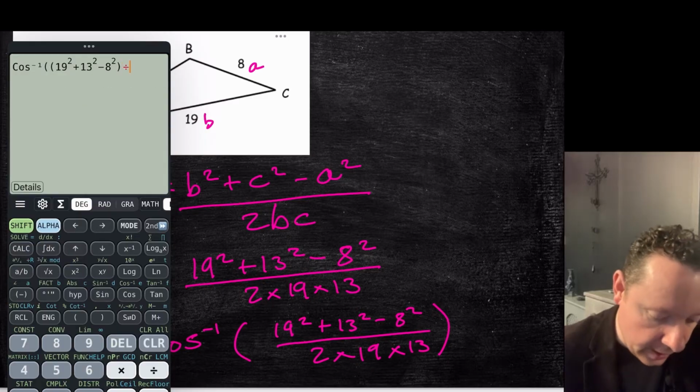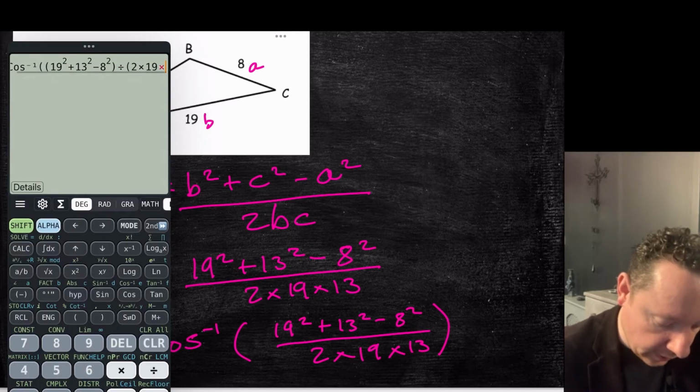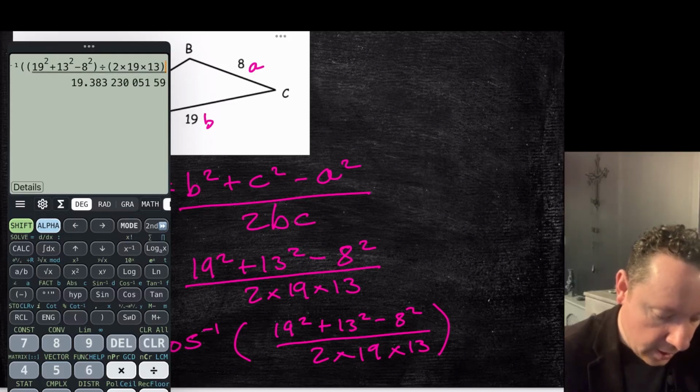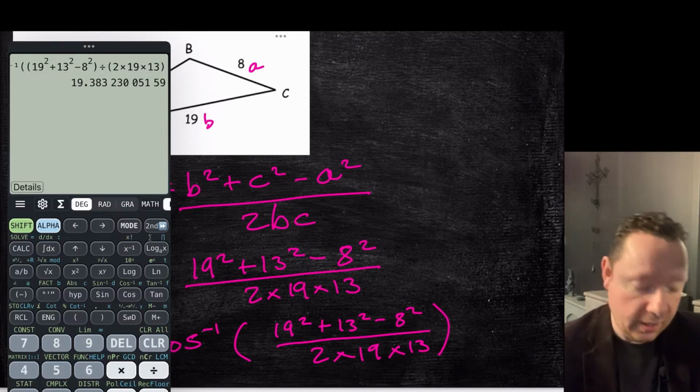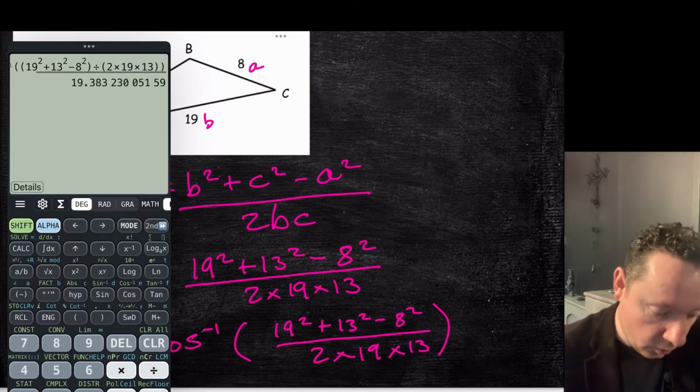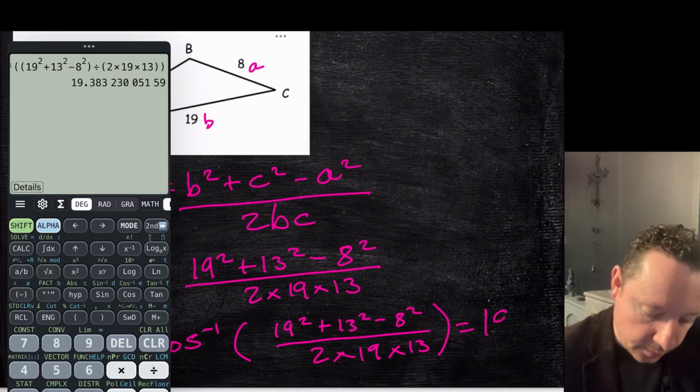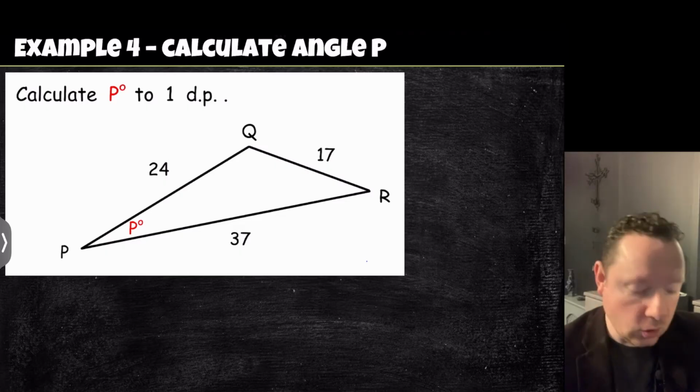And I'm dividing by, open another bracket, 2 times 19 times 13. Close that bracket, and then close the bracket that the calculator gave me to start with. Although not massively required, you get 19.38. So 19.4 degrees to 1 decimal place. And we're done there. Cosine rule, calculating an angle.